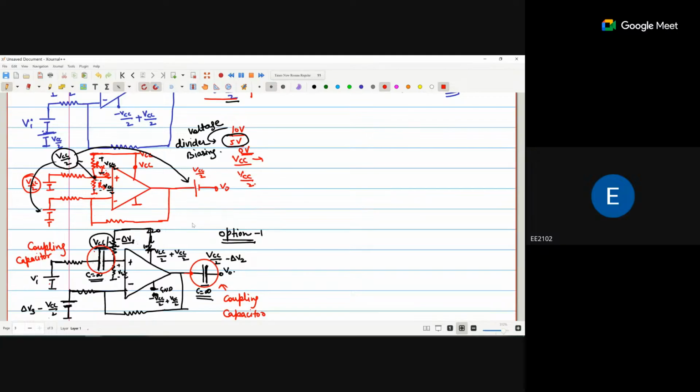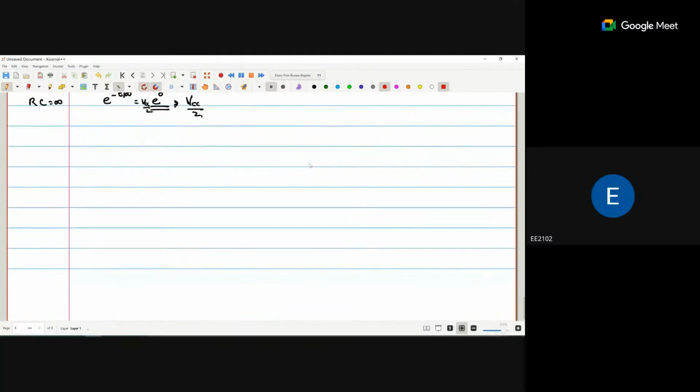Now ideally we consider C to be infinite, but practically a capacitance with infinite value is not possible.